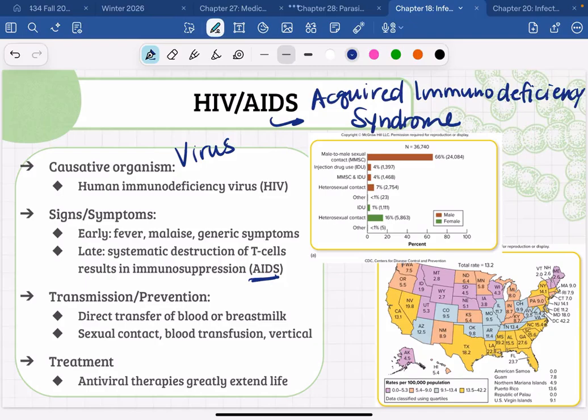And there are two reasons for that. The first one is this is very often a sexually transmitted disease. It can be transmitted sexually. It's direct contact and direct exchange of body fluids. Now, it can be prevented by using condoms and barrier methods of protection.